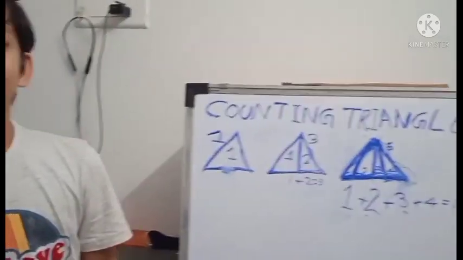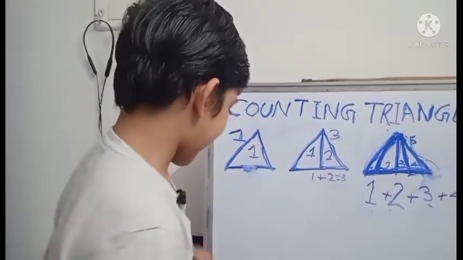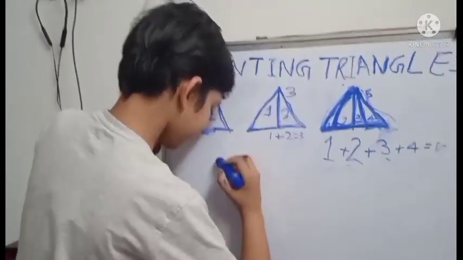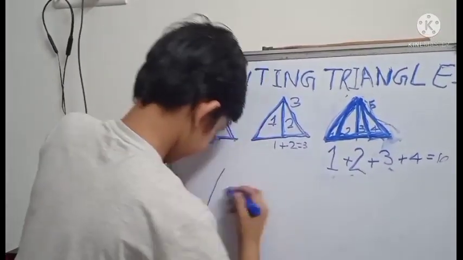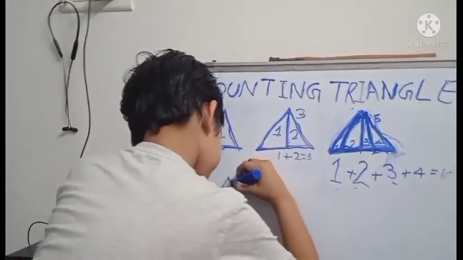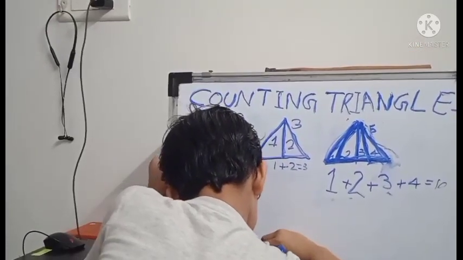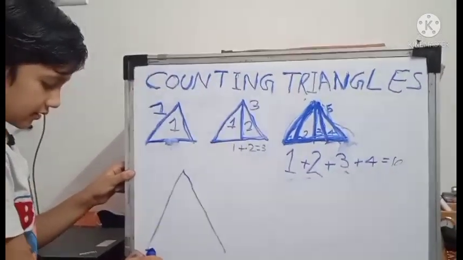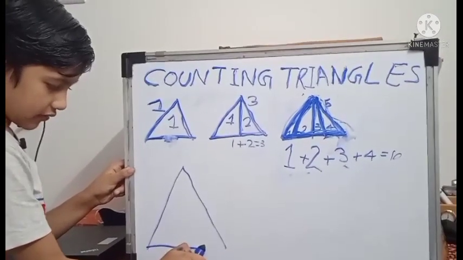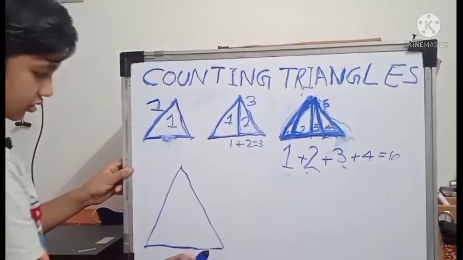Now let's do 2 more triangle practices. This is the final line of the triangle formation.